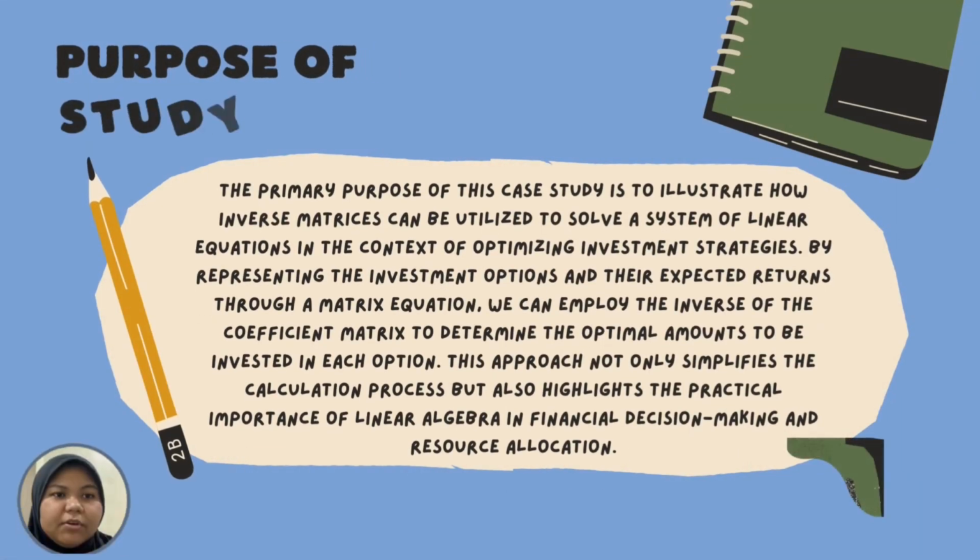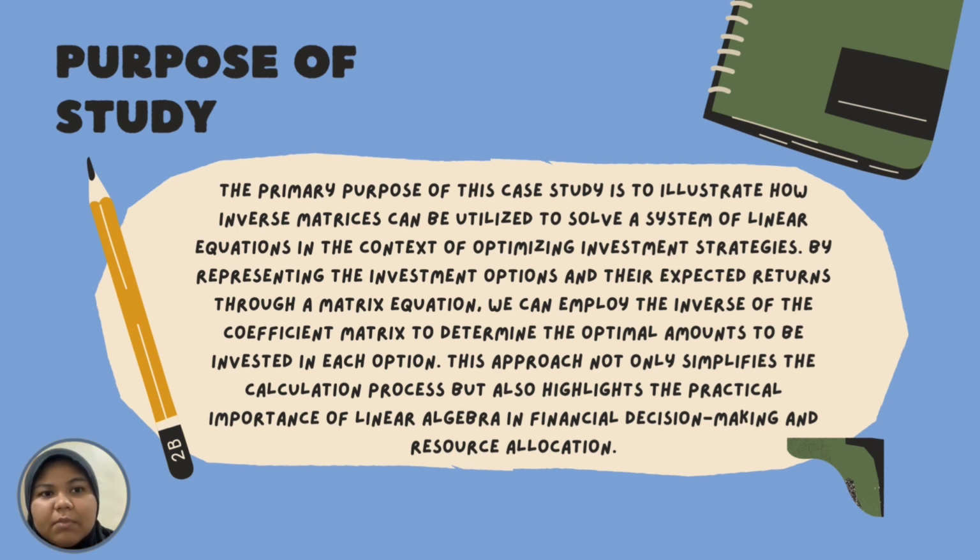Now next, we go into the purpose of this case study, which is the primary purpose of this case study is to illustrate how inverse matrices can be utilized to solve a system of linear equations in the context of optimizing investment strategies. By representing the investment options and their expected returns through a matrix equation, we can employ the inverse of the coefficient matrix to determine the optimal amounts to be invested in each option.